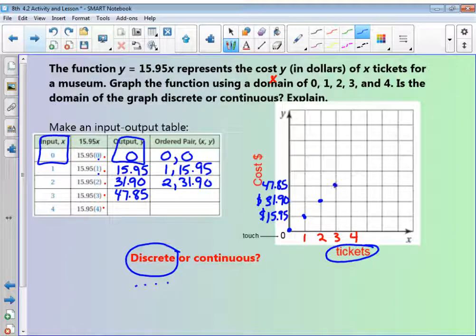Up to $47.85, put my dot. And then 4 tickets is going to cost me $63.80. So $63.80 here. And I'm going to go over to 4 and up to $63.80 and put my dot.